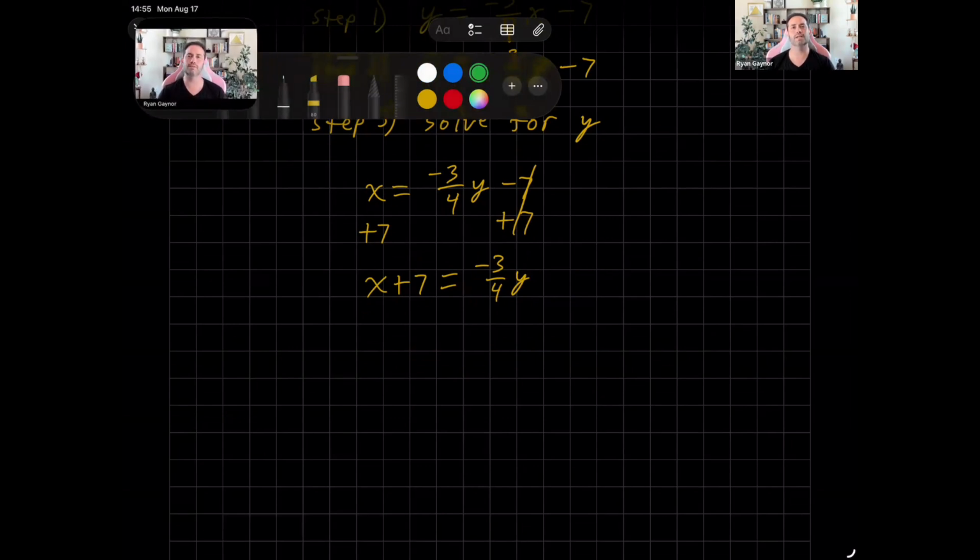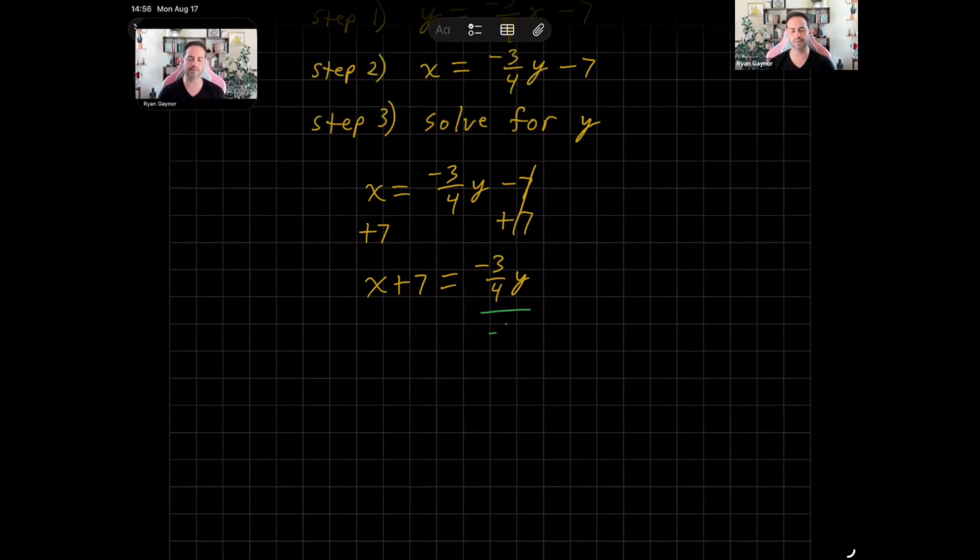What's happening to the y? It's being multiplied by -3/4. So the opposite of that would be to divide by -3/4. Okay, but here's the deal. When you are dividing with a fraction, you have to follow this specific rule, which is keep, change, flip.